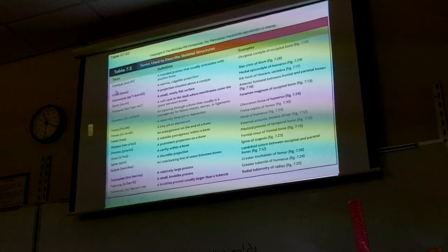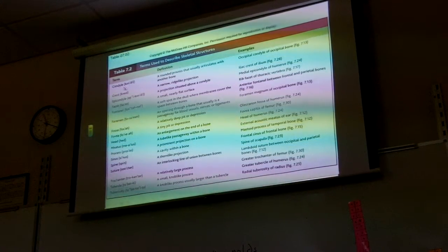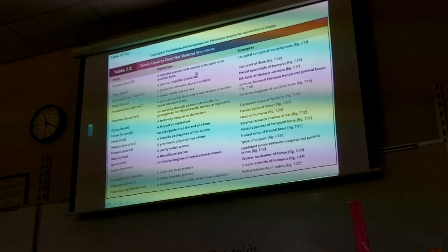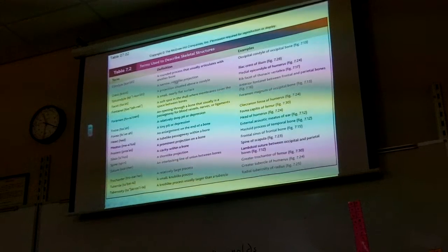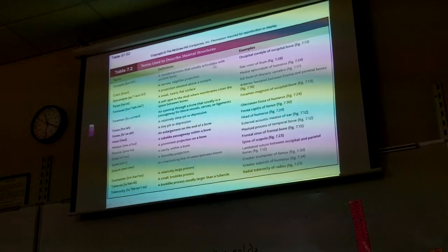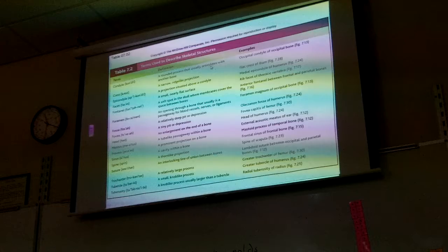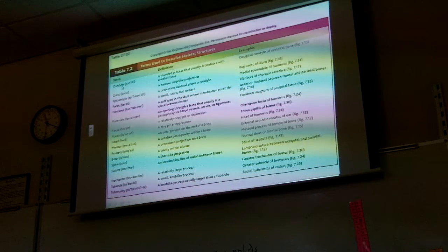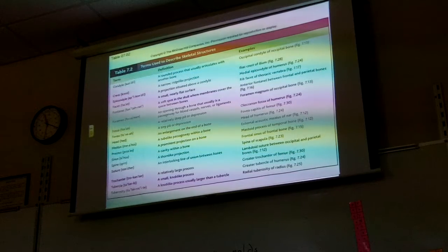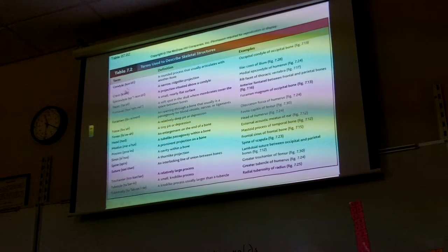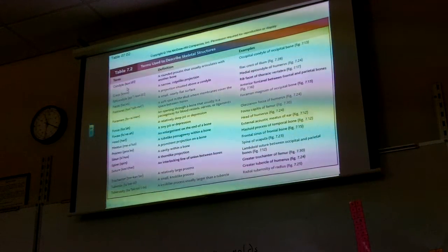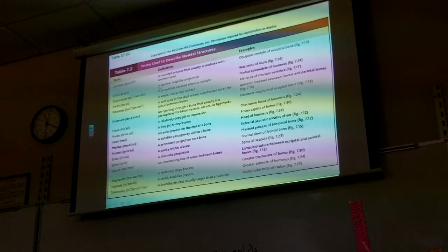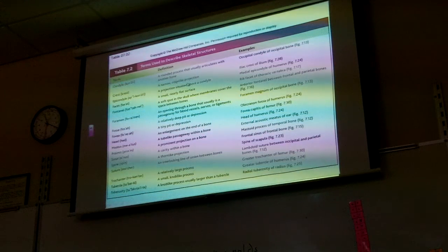So, a condyle, a rounded process that usually articulates with another bone. Articulates means joins with. So a condyle is a round piece of a bone that joins with another bone. Condyles are usually pretty large. A crest is a narrow ridge-like projection.